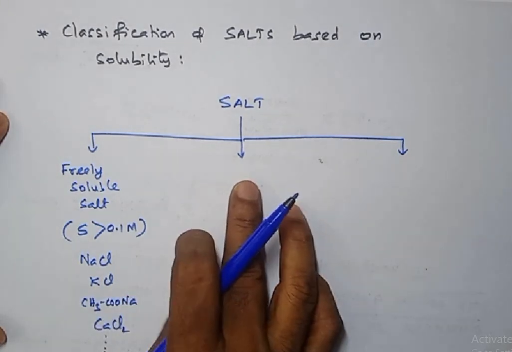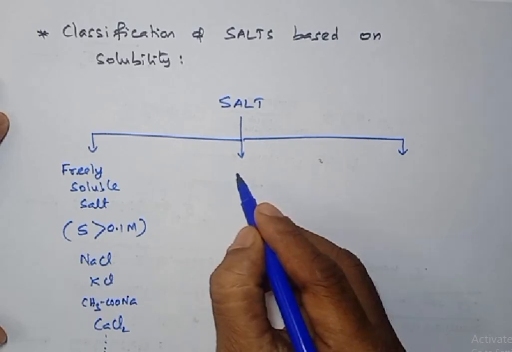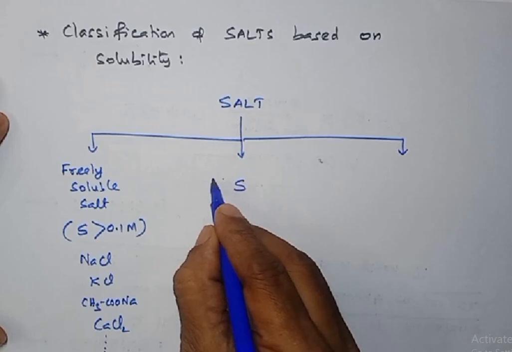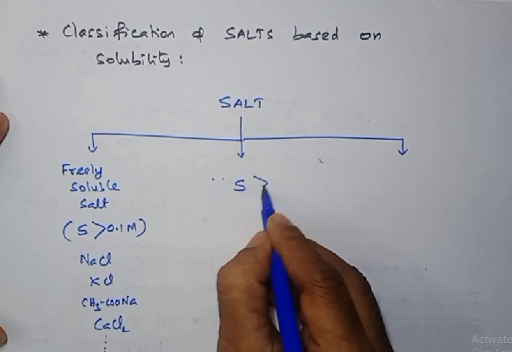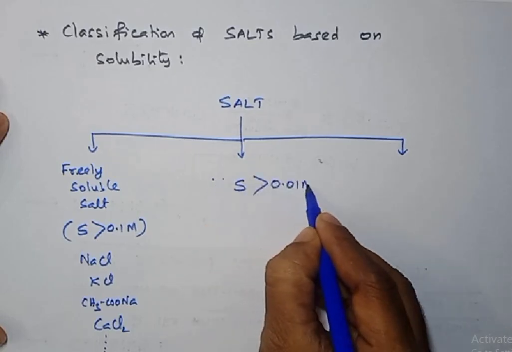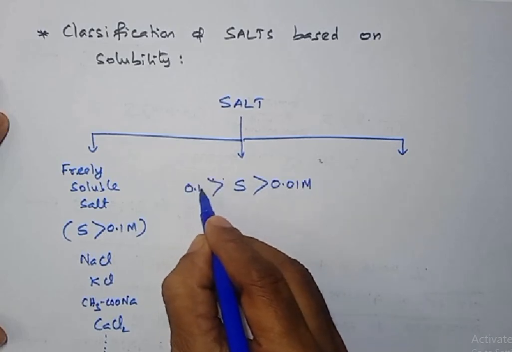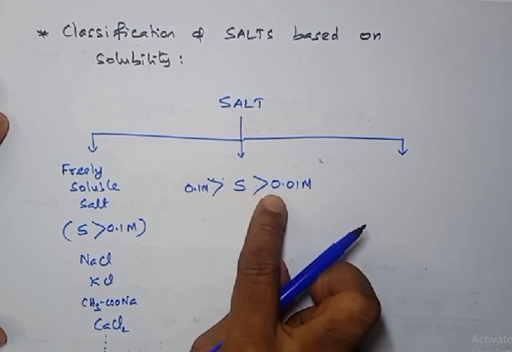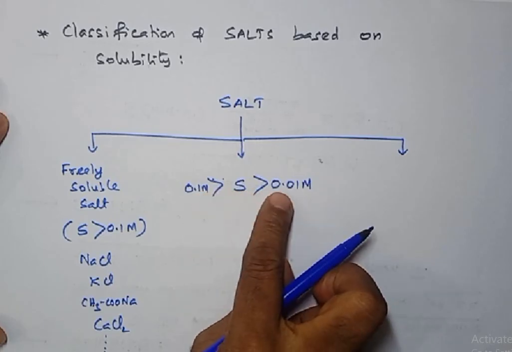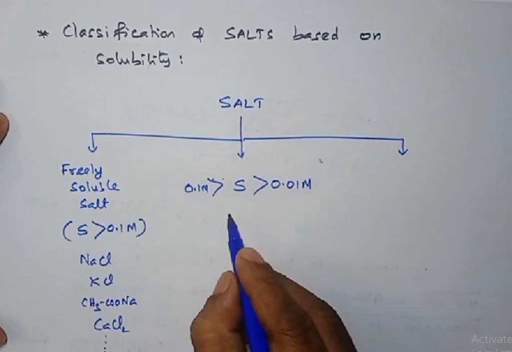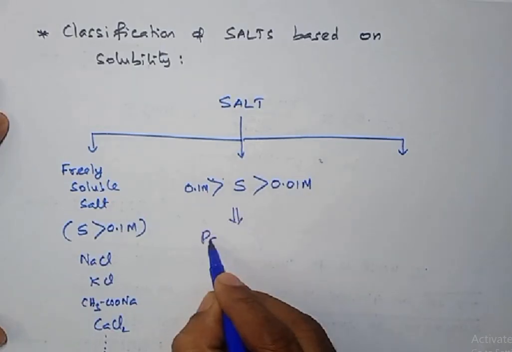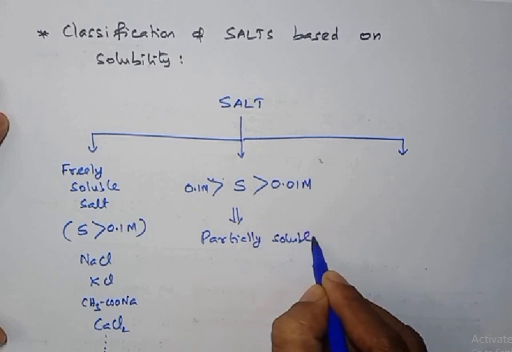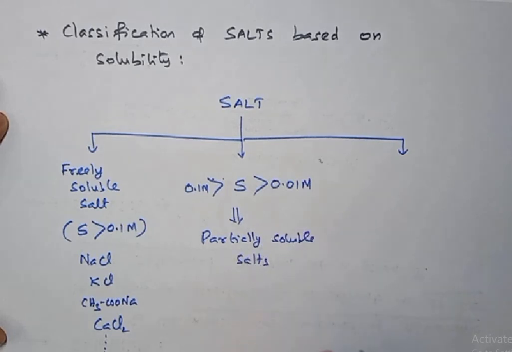And we have another type of salt called partially soluble salts, whose solubility value is greater than 0.01 molarity but less than 0.1 molarity. If the solubility of any salt lies between 0.1 and 0.01, then we call those salts partially soluble salts.